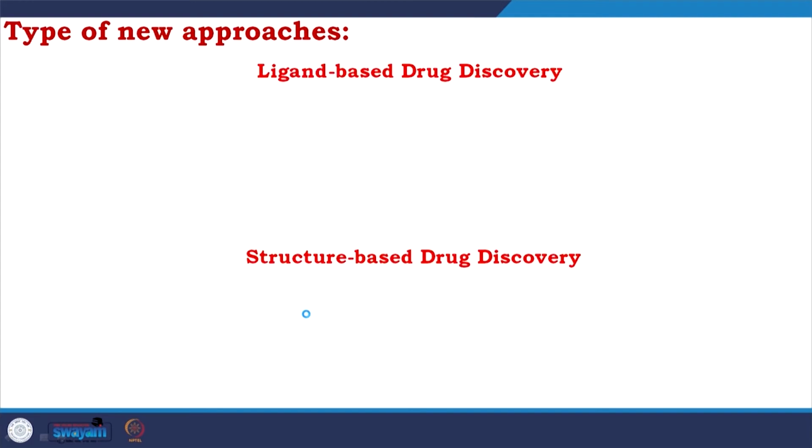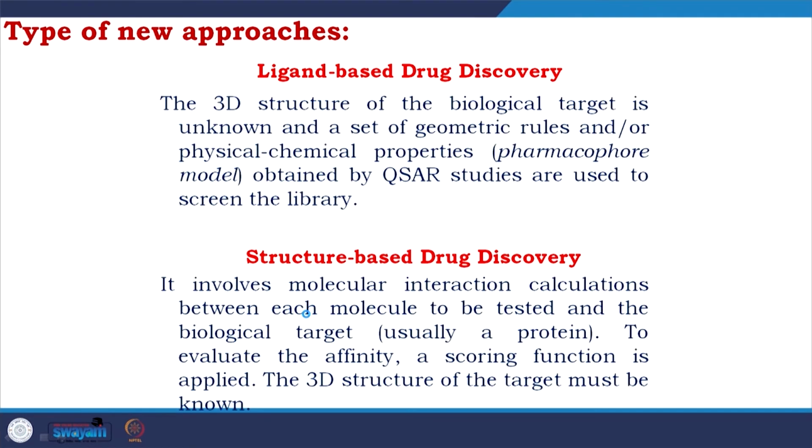So, there are two new approaches: one is ligand based drug discovery, another is structure based drug discovery. In ligand based drug discovery, the 3D structure of the biological target, the macromolecule, is unknown, and a set of geometric rules and or physical chemical properties, a pharmacophore model obtained by QSAR, quantitative structure activity relationship studies, are used to screen the library.